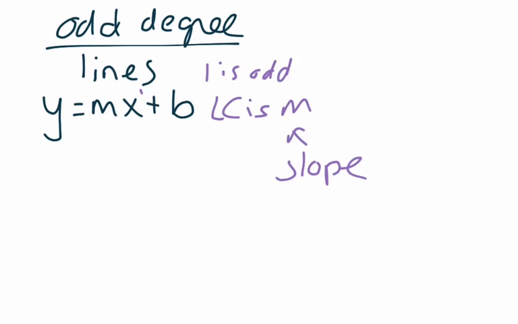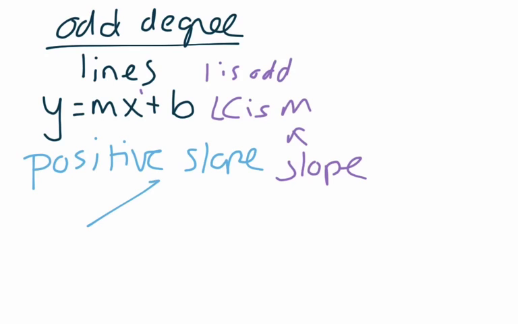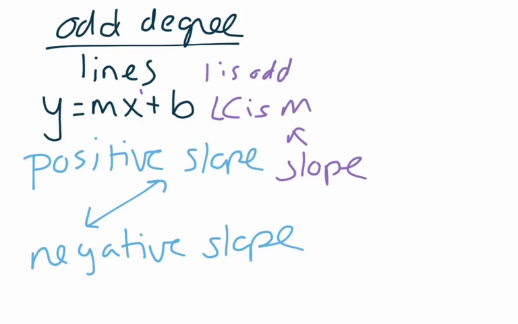So picture this. If you have a line with positive slope, it tilts up from left to right. If you have a line with negative slope, it tilts down from left to right. And now you have your end behavior.